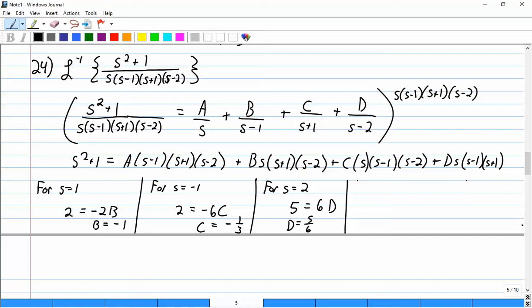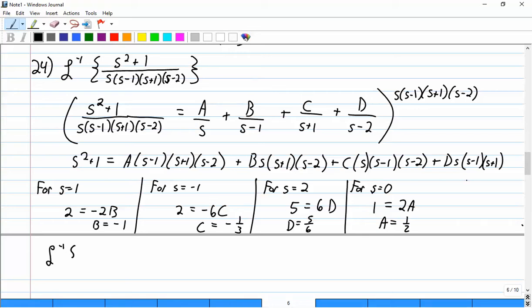The last one is 0, right? I'm sure you know how we get those numbers: we set each factor equal to 0. So for 0, that's going to make b, c, and d 0. I have 1 equals negative 1 times 1 times negative 2, so it's going to be 2a. So a equals 1/2.